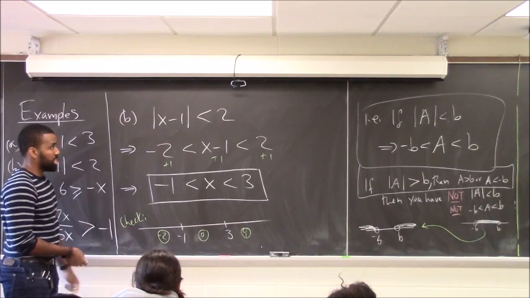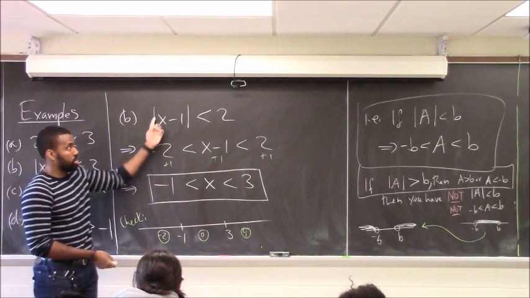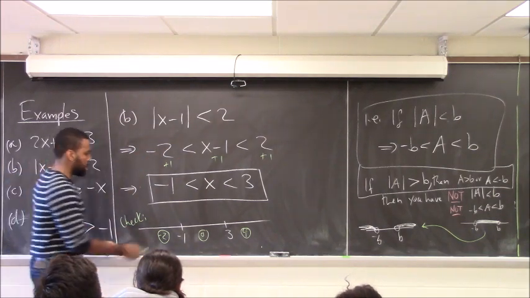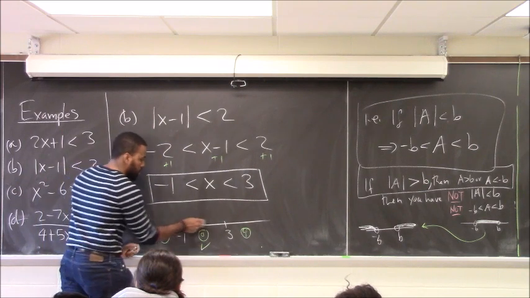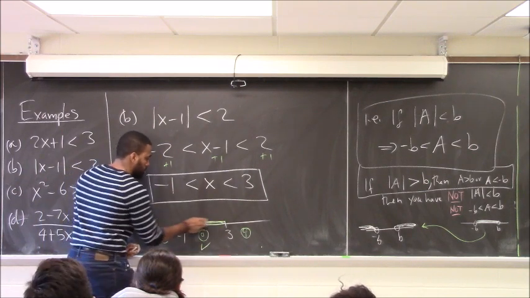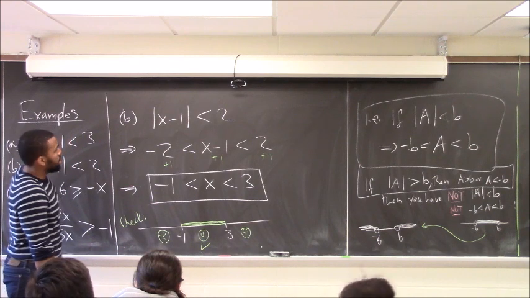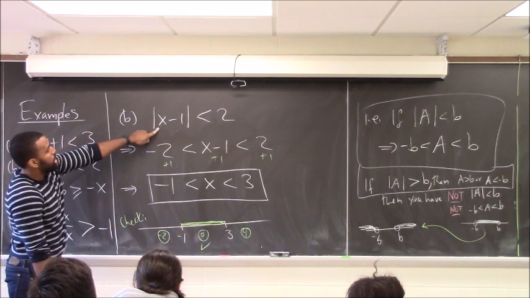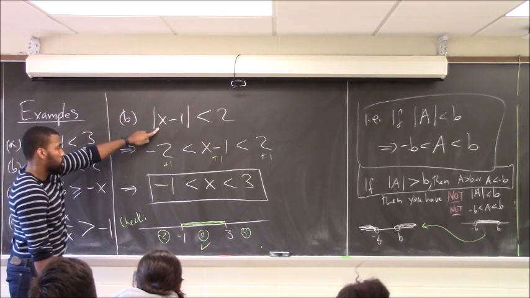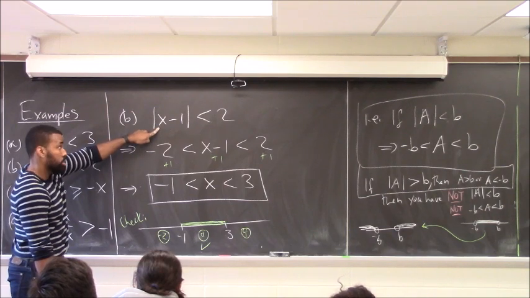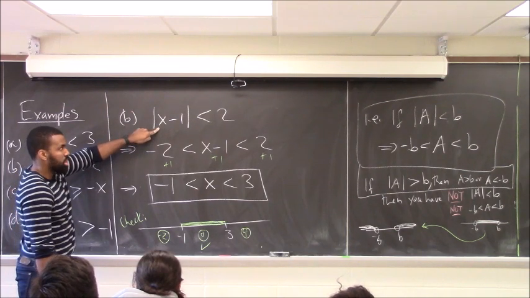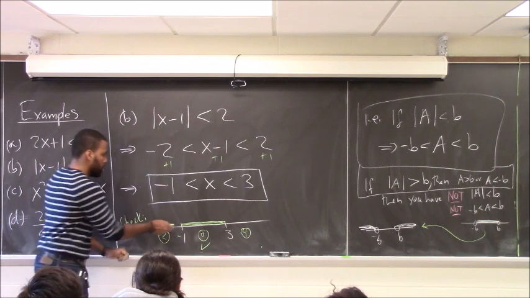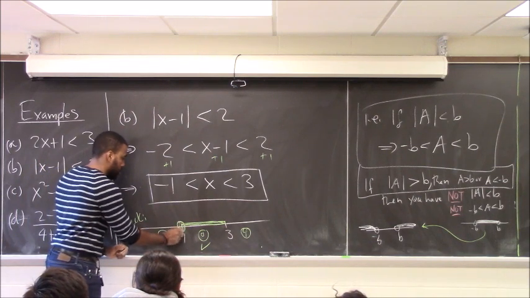Absolute value of minus 1 is positive 1, and positive 1 is less than 2. So that actually checks out. So we're definitely good in here. If I plug in minus 1, I would get minus 2. Absolute value of minus 2 is positive 2. Positive 2 is not less than 2. So it does not include here.